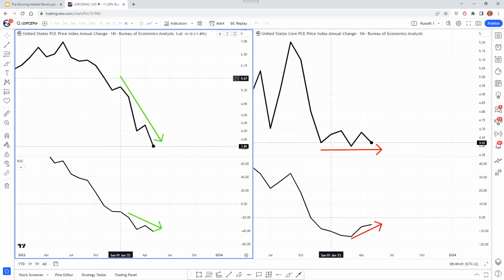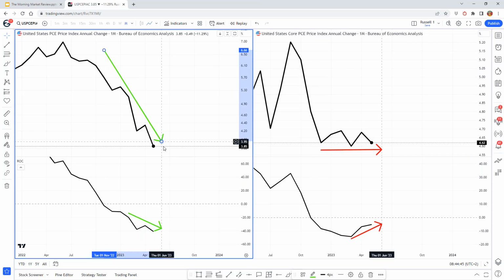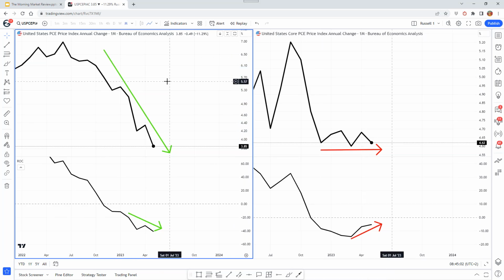And you can see that the headline number is coming down really nicely, isn't it? You can see that it's moving down in this southeasterly direction. Here's the rate of change. You can see that it's on the deceleration side of 0. So the headline numbers look like they're doing really well in terms of heading towards target.